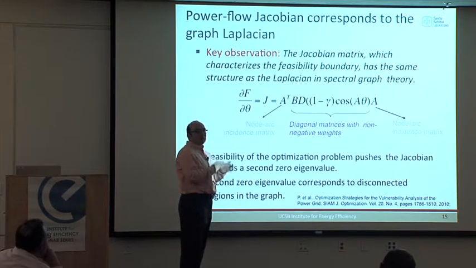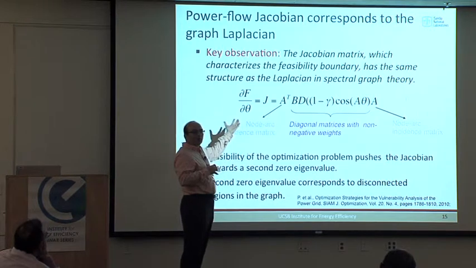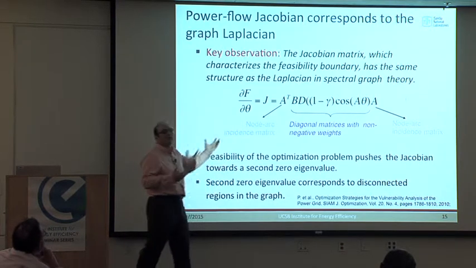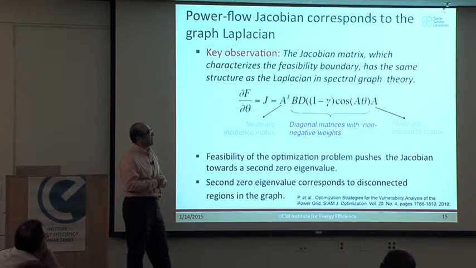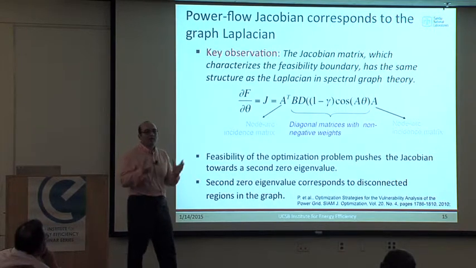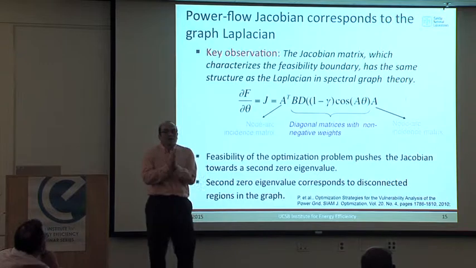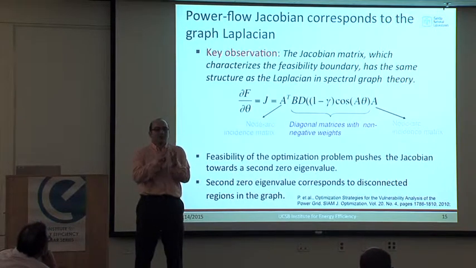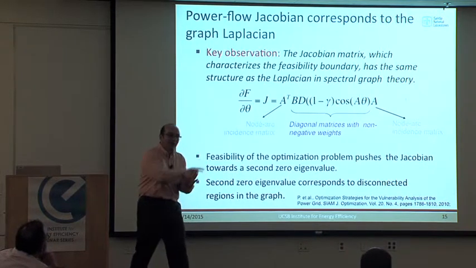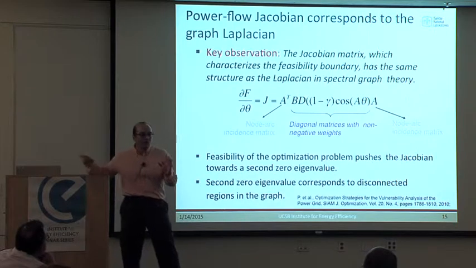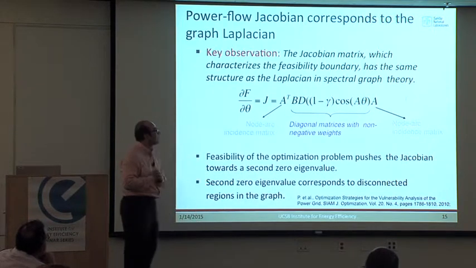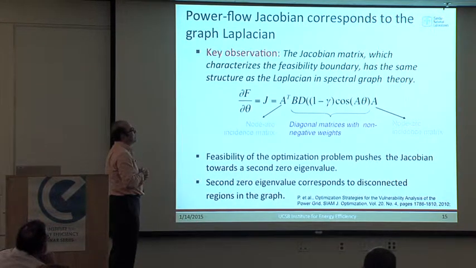And there is a one-to-one correspondence to the power flow Jacobian that tells me about the nonlinear power flow. And it has the same structure of the Laplacian in graph theory. And this correspondence helps me go from one side of the field, from the nonlinear equations to graph theory, or from graph theory to the nonlinear equations.